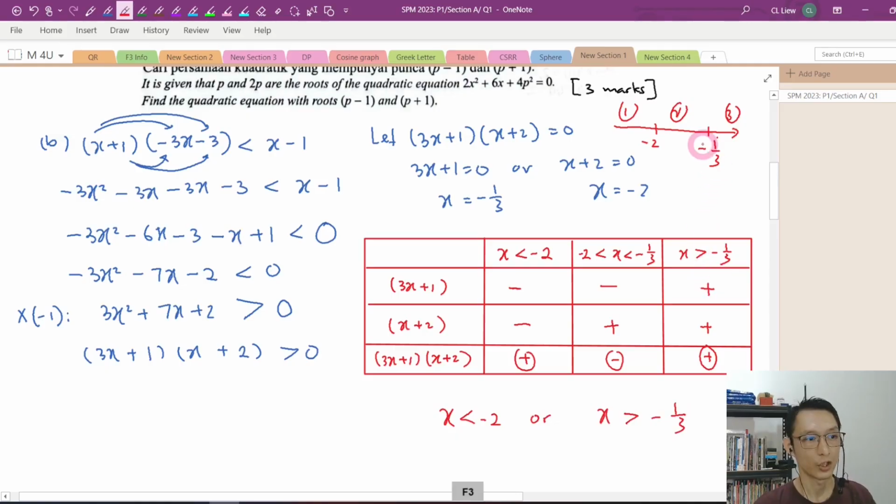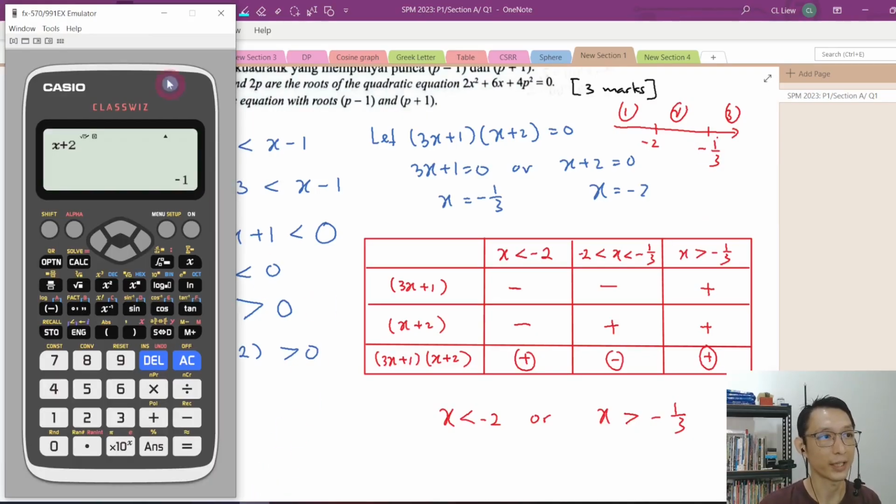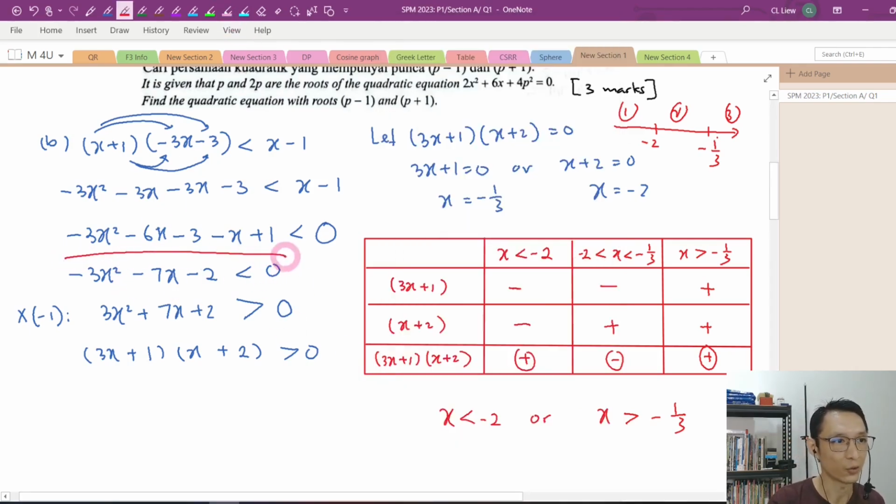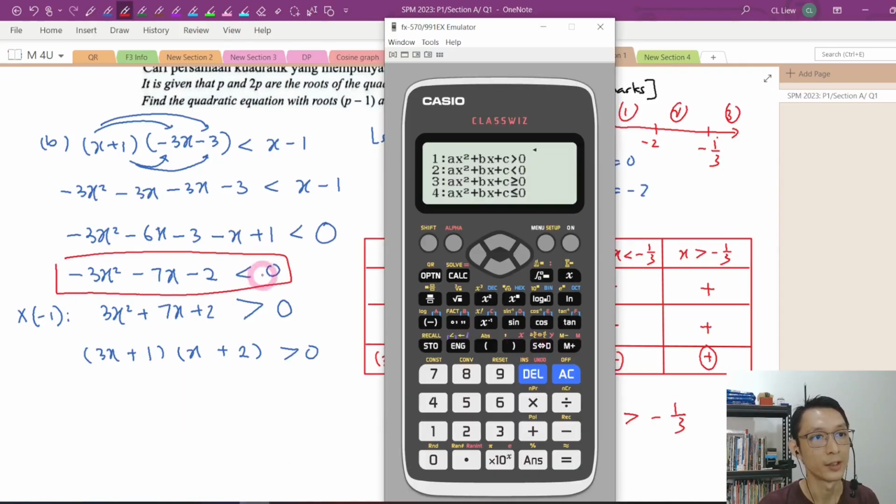So if you want to check whether this answer is correct or not, you actually can use a calculator to do it. Press menu and then search for inequality. This one. Okay, power 2. This is a quadratic inequality, right? You can just directly key in this one. Your calculator will help you solve it to get the answer for you.